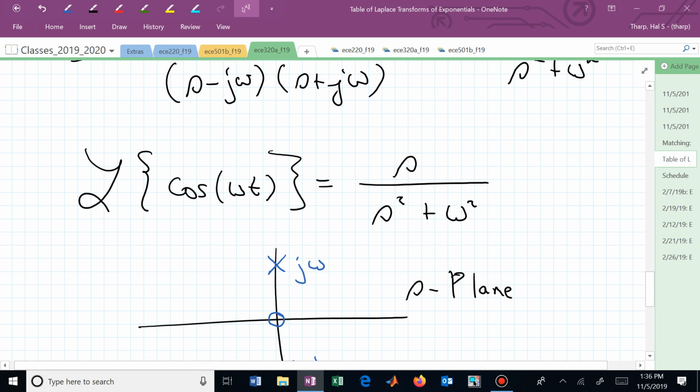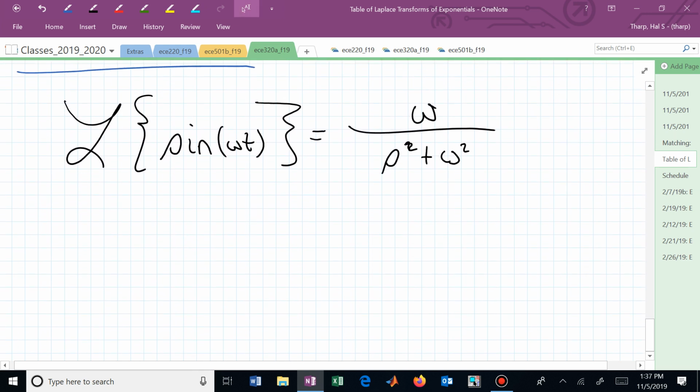Wouldn't you have another zero at negative infinity? Now infinity is in any direction. Infinity is like this globe, and you can get to infinity in any direction. You just have 1. So where it is is maybe not so important. It's just that its value is infinite. But you still have one finite zero for this cosine, and that finite zero is at the origin. For the sine, what's its pole zero diagram?